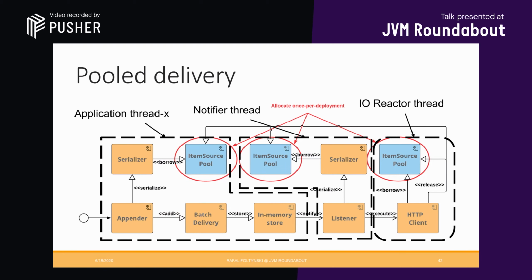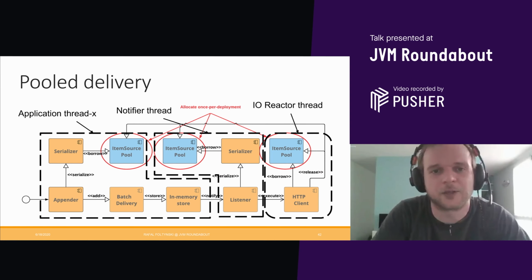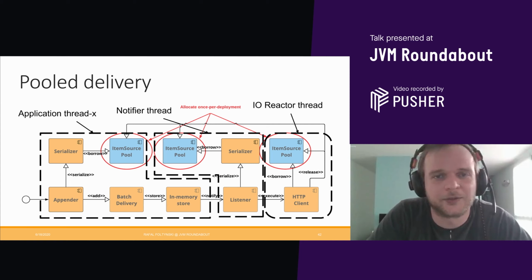Now the threads will be quite important here, because once you start to introduce object pools, it would be ideal to do the whole work within the scope of a single class. But unfortunately, that's not always the case, and sometimes you will have to release your buffer within the scope of other threads.